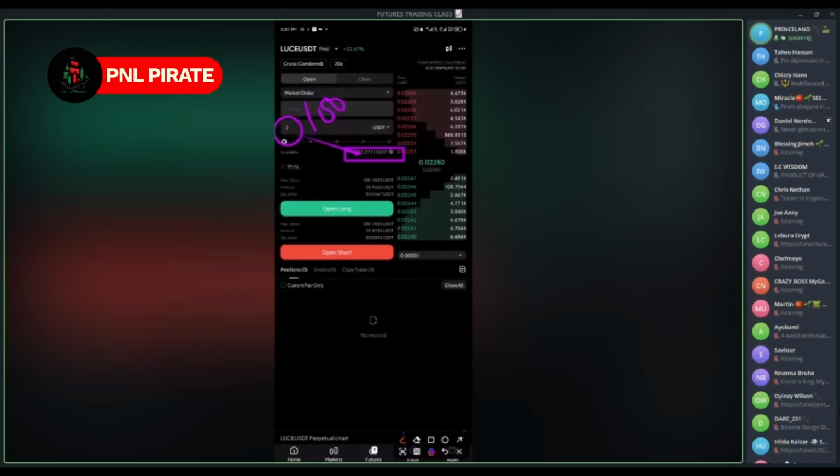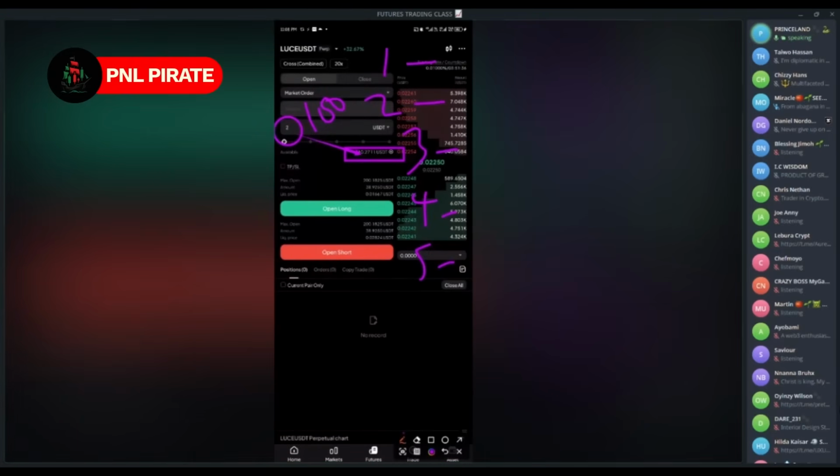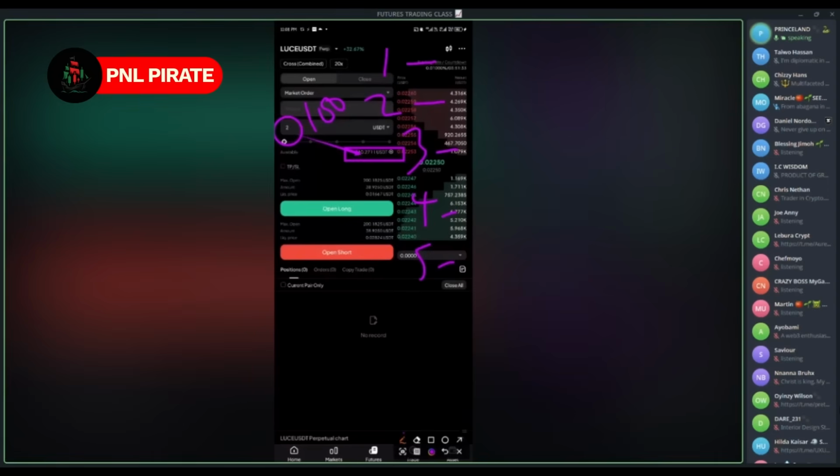But cross margin will give you a second chance, because I have $10 here. It will have 5 chances: 1, 2, 3, 4, 5. For me to get liquidated now, I'll have to have 100%, 100%, 100%, 100%, 100% in 5 places for my money to get liquidated.